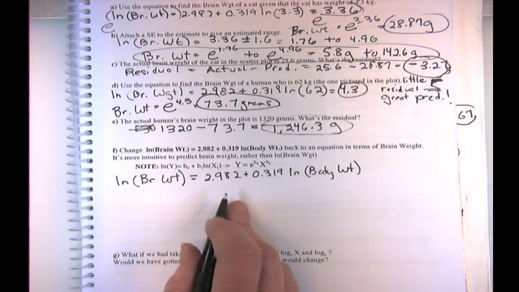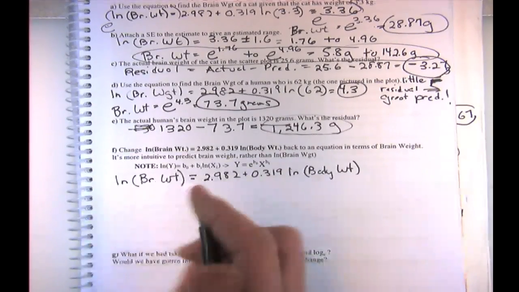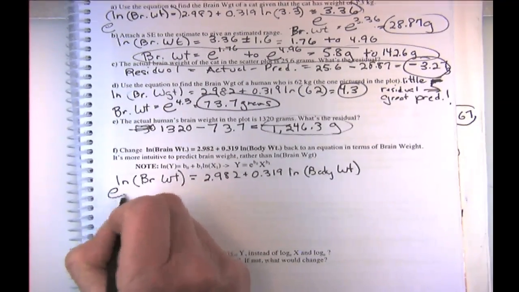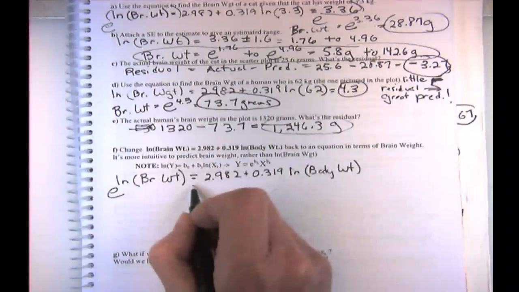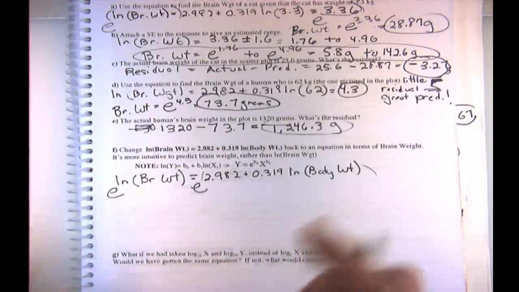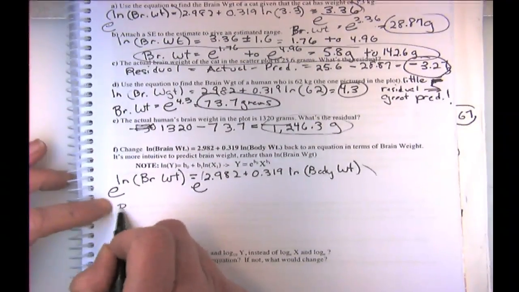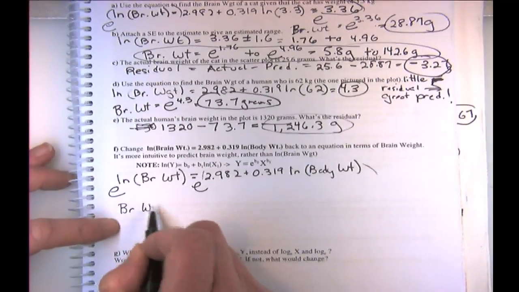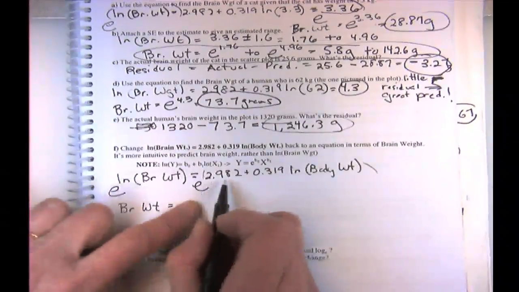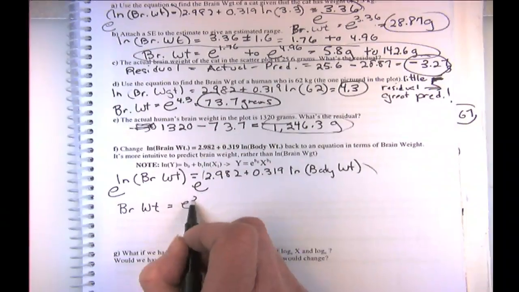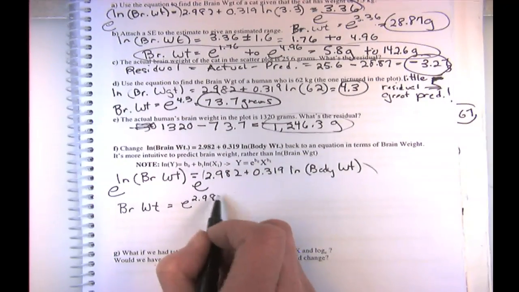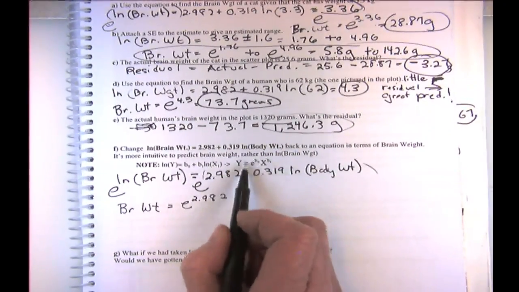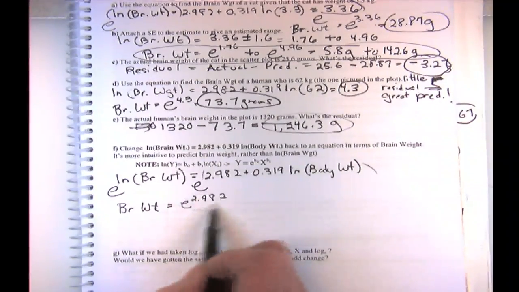So we'll just do it. Anti-logging just means this. All right, so what does that give us? That gives us the brain weight equals e to the 2.982. That's this part right here. We've already got that.